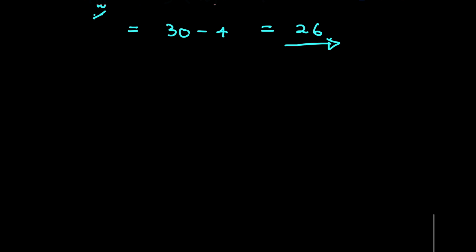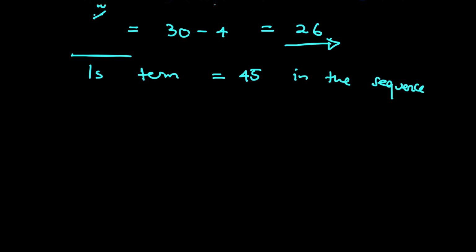Okay, and then the last question I might ask you guys: is there a term that equals 45 in the sequence, or is 45 contained in this sequence? How do you do that?